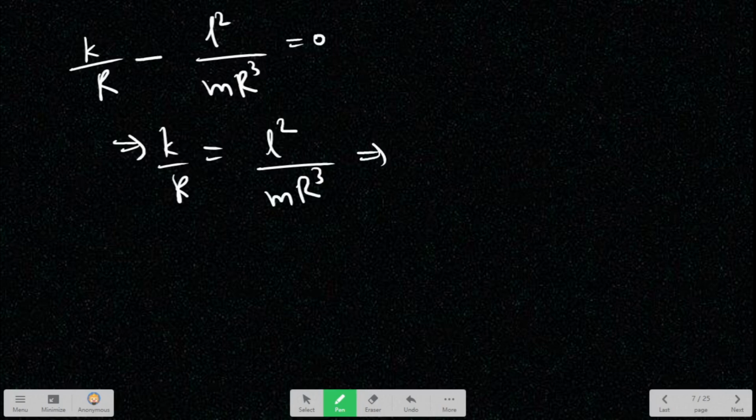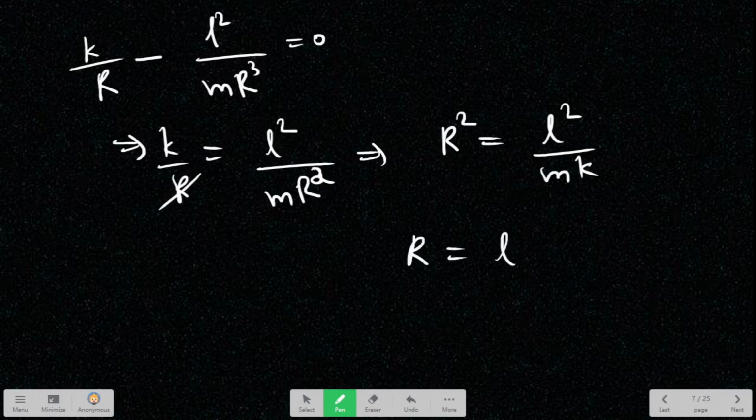One r cancels, this will become r square. This implies r square is equal to L square by mk, or r is equal to L divided by root of mk. So the radius is equal to L divided by root of mk.